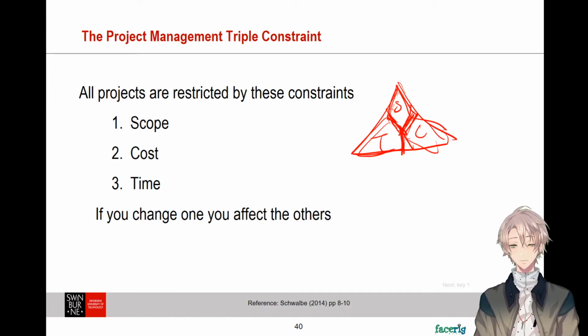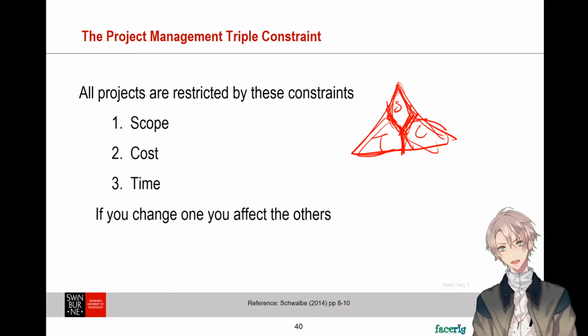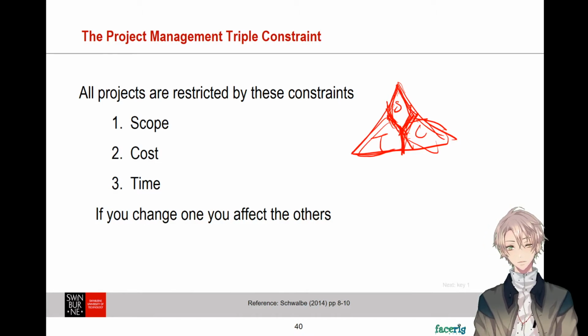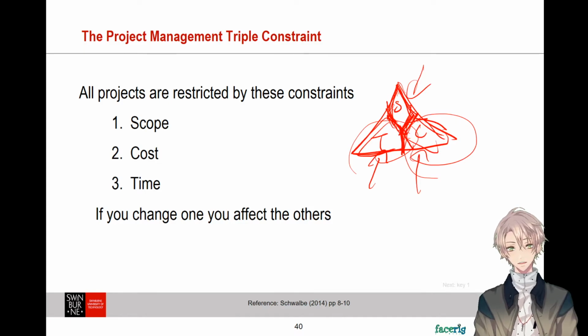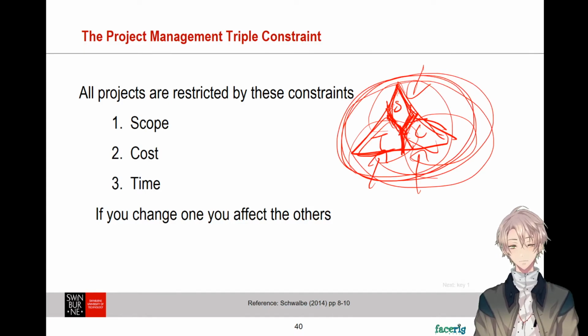If you want to do a really fast job, it might not be cheap, and it also might not be too complicated if you want it to be fast. So whatever changes, for example time taken, or reduced cost, or reduced or increased scope, it will change the other parts as well. So you need to find the correct balance when you start a new project.